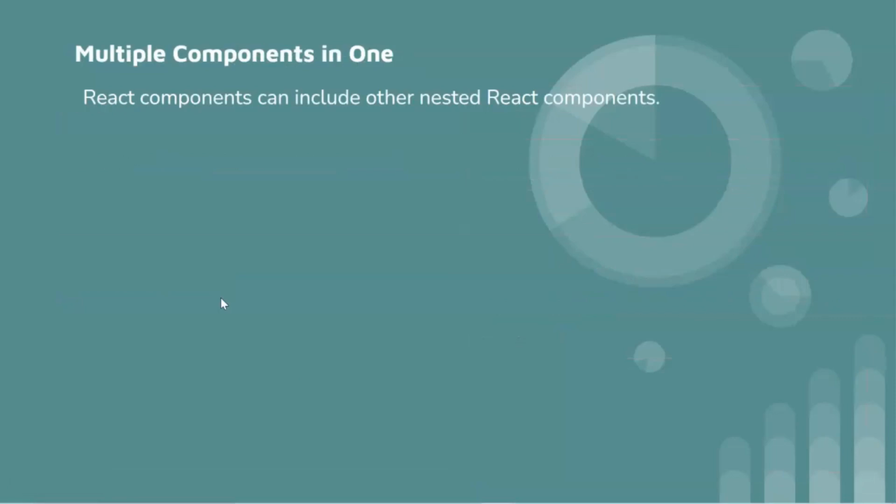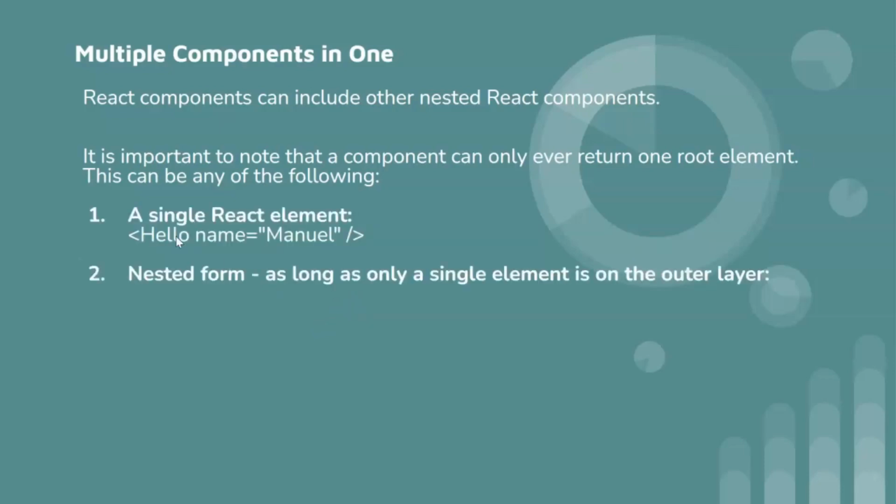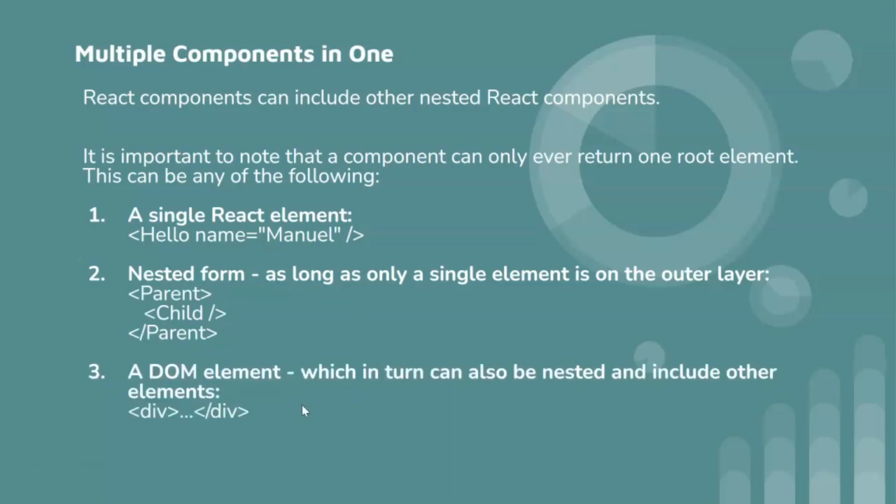React components can include other nested React components. It is important to know that a component can only ever return one root element, so it's like a single React element. This is how it will look, a nested form, like a parent and child, a DOM element.